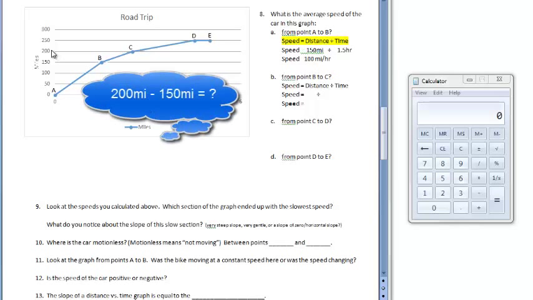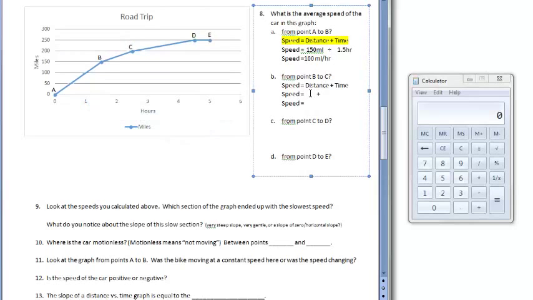If you're not sure, you can subtract 200 minus 150 to find the difference. When we do that, we should end up with 50 miles, being the difference between 150 and 200.